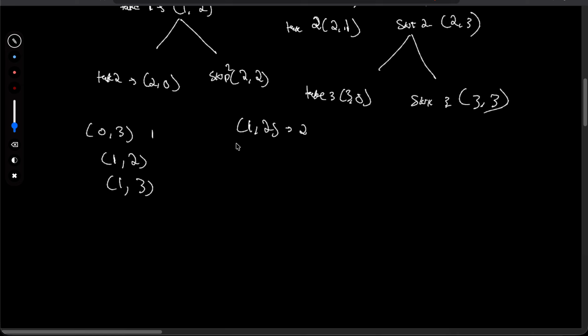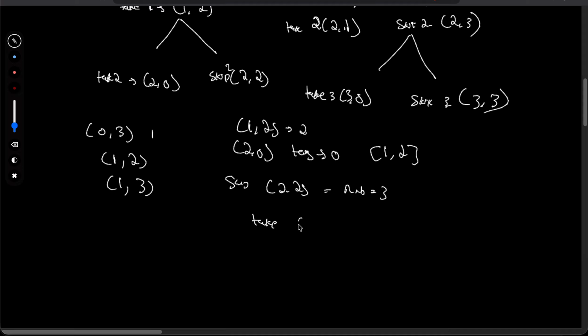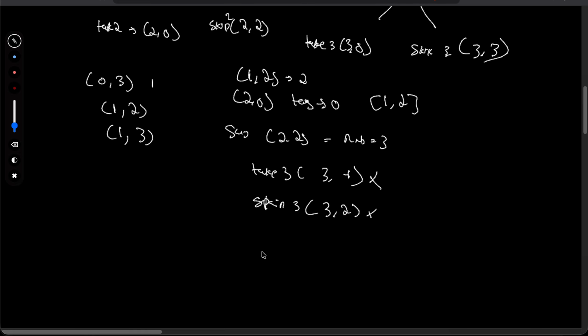If we take 2 it's 2 comma 0, target is 0, so it's successful, and the subset is 1 and 2. If we skip 2, it's 2 comma 2 and the number is 3. If we take 3 it's 3 comma negative 1, and if we skip 3 it's 3 comma 2.